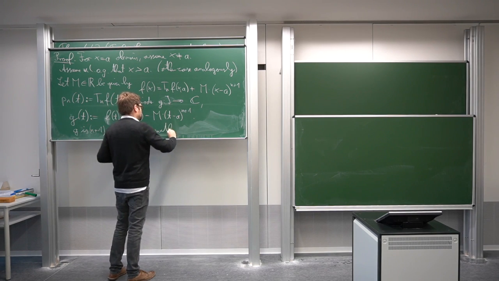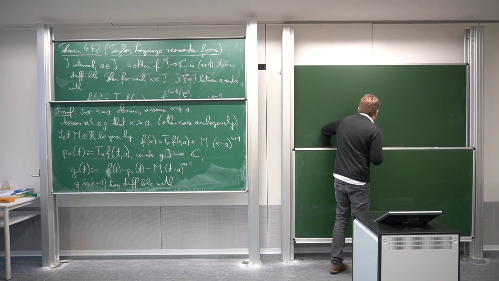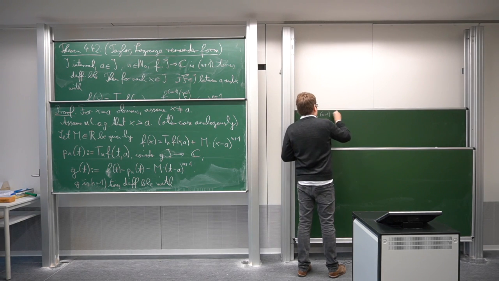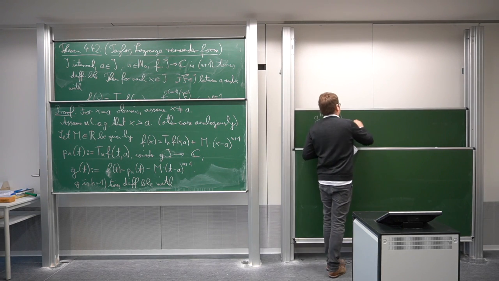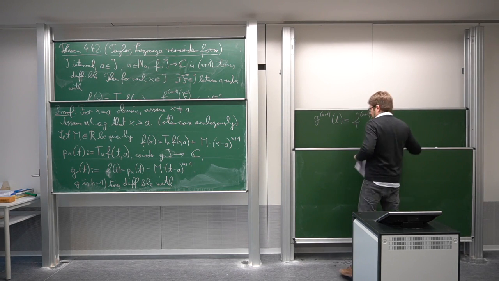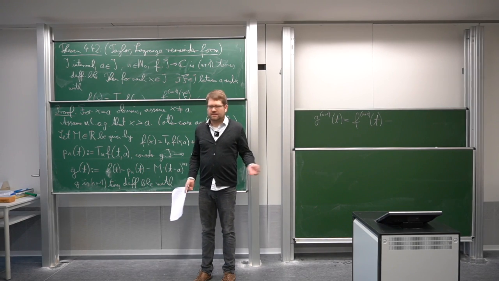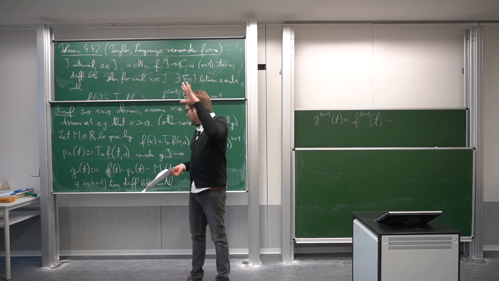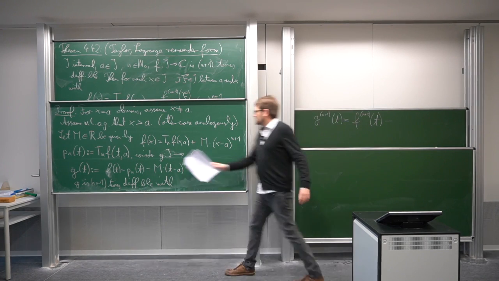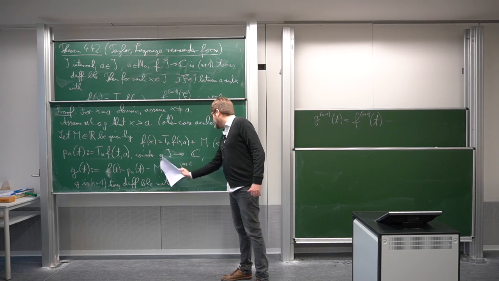And we can compute easily the derivatives there. So far we first need the (n plus 1)th derivative. And the (n plus 1)th derivative of g, by the standard derivation rules, is the (n plus 1)th derivative of f at t minus the (n plus 1)th derivative of the polynomial Pn, but Pn only has degree n. And we know that the (n plus 1)th derivative and all higher ones of a polynomial of degree n is just 0. So this one is 0, and now we have to take the (n plus 1)th derivative of this expression here.